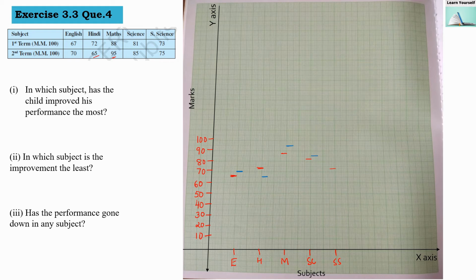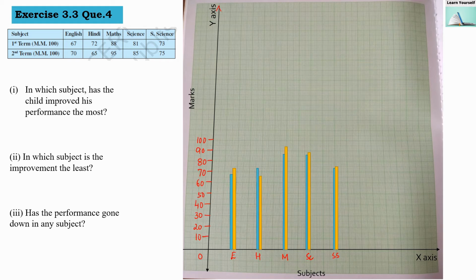Social Science he scored 75. And now similarly I am going to join all the lines to the x-axis. So I have drawn bar graphs with respect to two terms' results of a student for English, Hindi, Math, Science and Social Science. Now let us answer some of the questions.